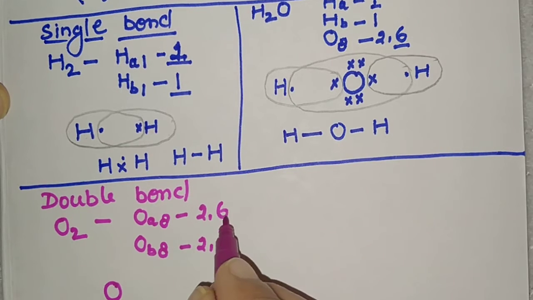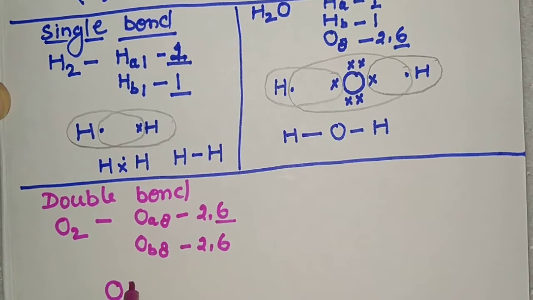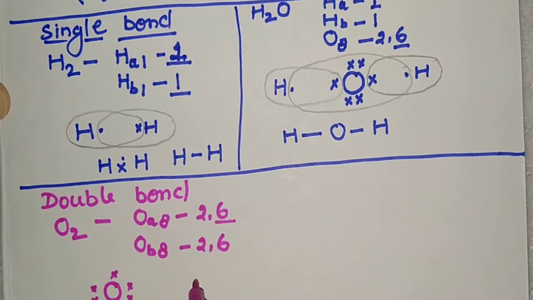Oxygen, 6 valence electrons, 1, 2, 3, 4, 5 and 6. Another oxygen atom with 6 valence electrons, 1, 2, 3, 4, 5, 6.